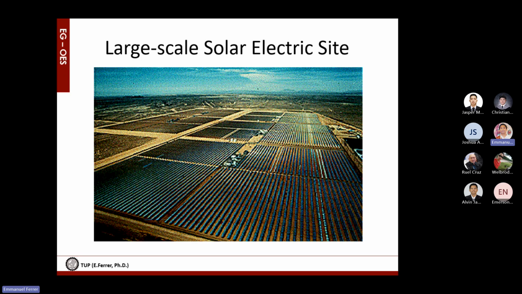Dito may mga nakita kayong malapit sa Metro Manila? Meron ba dito? Nakakita na ng solar farm na medyo malapit-lapit sa Metro Manila? Wala. Sa Cavite, alam ko meron sa Cavite, eh.